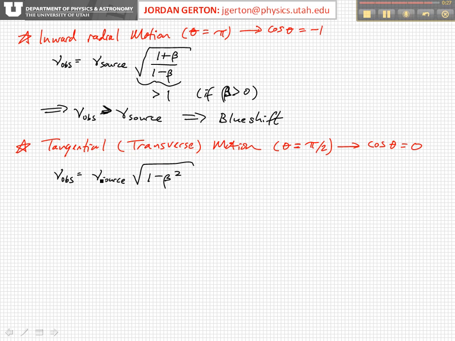And if you do the math, you get that the observed frequency is equal to the source frequency times basically 1 over gamma, so it's the square root of 1 minus beta squared. Again, this is always going to be less than 1, and so again, the observed frequency is going to be less than the source frequency in this case.